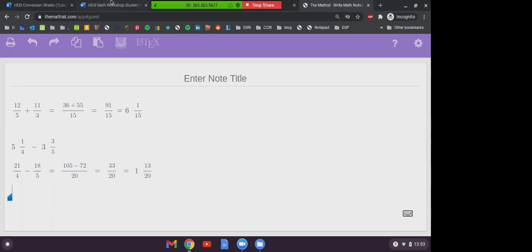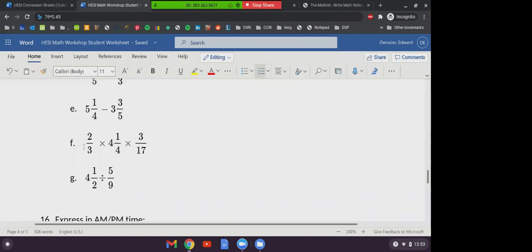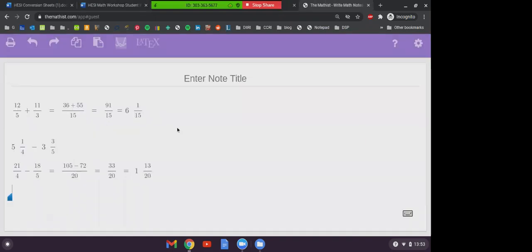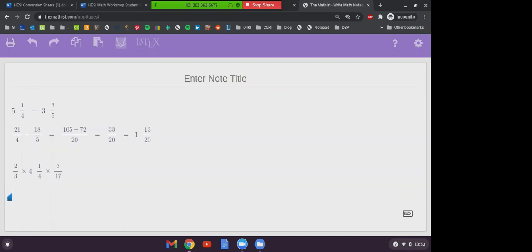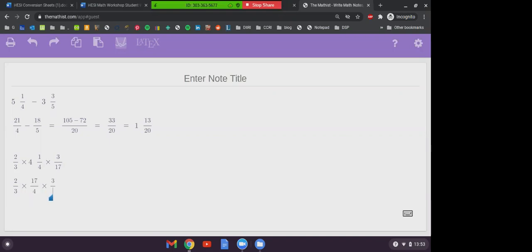All right, and then this next one is 2/3 times 4 1/4 times 3/17. So 2 over 3 times 4 1/4 times 3 over 17. So in multiplication, you don't have to have the same denominator, but they all have to be improper. So 4 times 4 is 16, plus 1 is 17, right, over 4, and then 3 over 17.